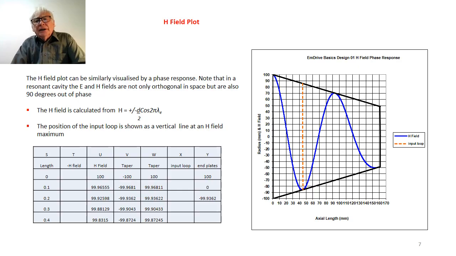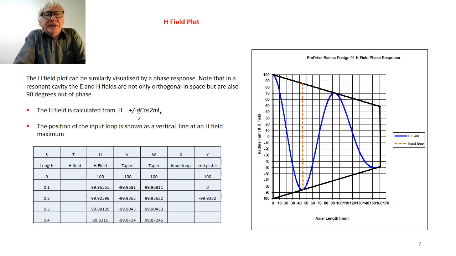So if you like, at each end plate, the initial conditions are a maximum value for the H field, and we do this as we did with the E field by inputting the length in column S and calculating the H fields in columns T and U by using a cosine function.